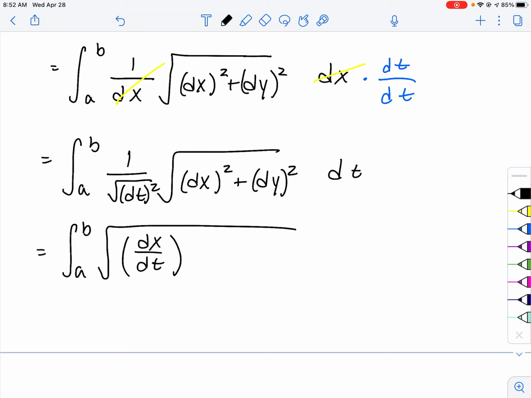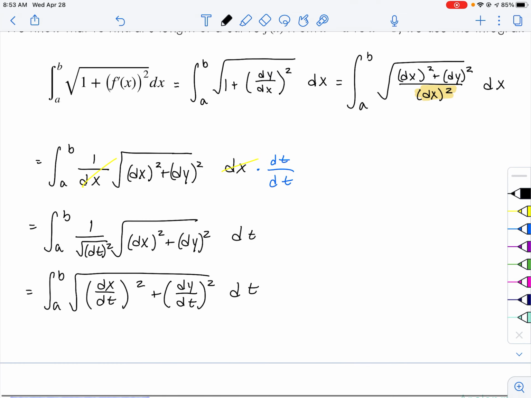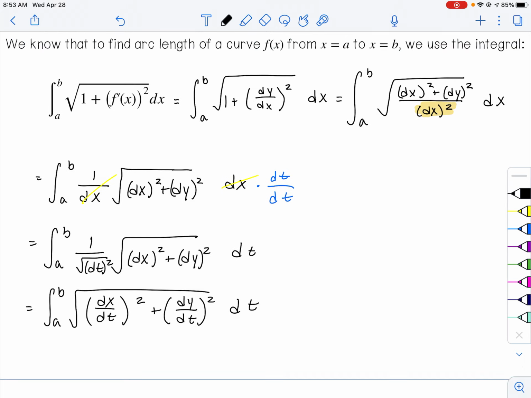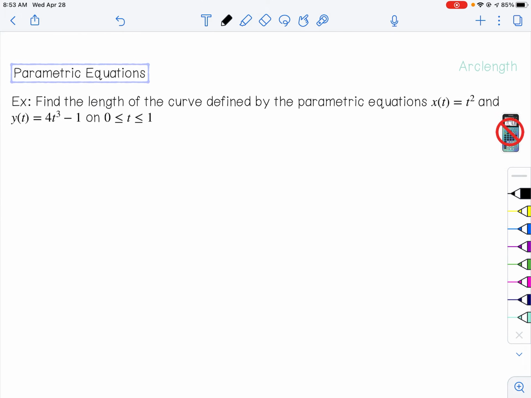This becomes the square root of (dx over dt) squared plus (dy over dt) squared, dt. So we can see how we can manipulate that original arc length integral formula to make it easy for parametric equations. Instead of 1 plus (dy/dx) squared inside the square root, we have the derivative of x in terms of t squared plus the derivative of y in terms of t squared, all under the square root, and we take the integral of that. And a and b are usually going to be in terms of our parameter values.